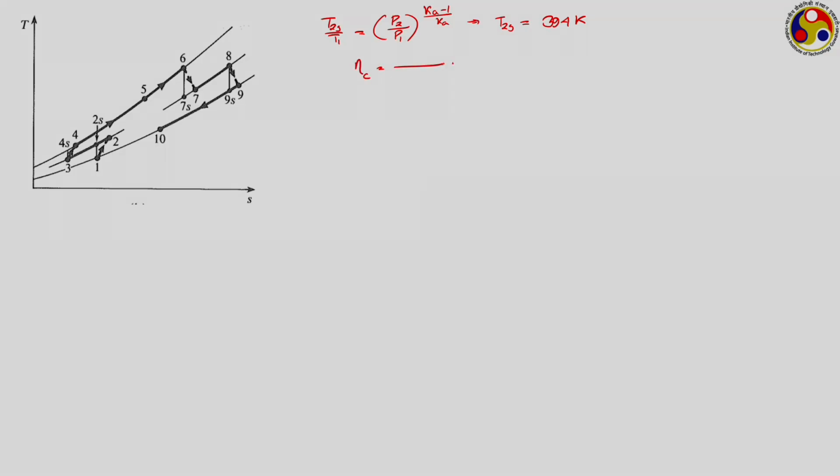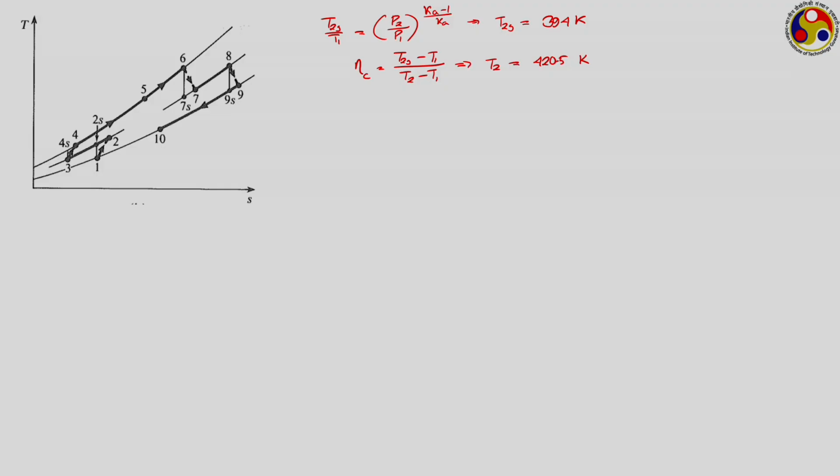The expression is the ideal temperature rise, T2S minus T1, divided by the actual temperature rise, T2 minus T1, which gives T2, slightly greater than T2S, and in this problem it comes to be equal to 420.5 Kelvin.